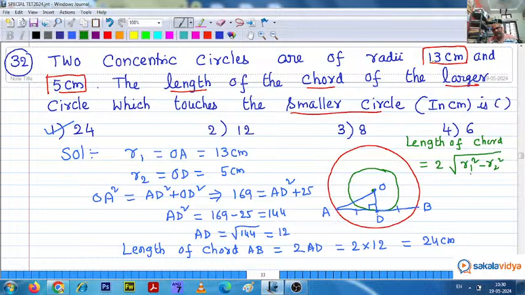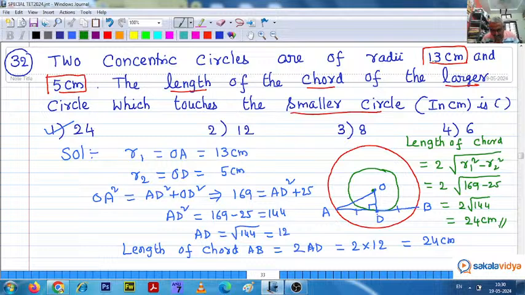R1 is the radius of the bigger circle, R2 is the radius of the smaller circle. 2 times under root of 169 minus 25. So this is 2 root of 144. Square root of 144 is 12. 12 into 2, 24. So 24 centimeters is the answer.